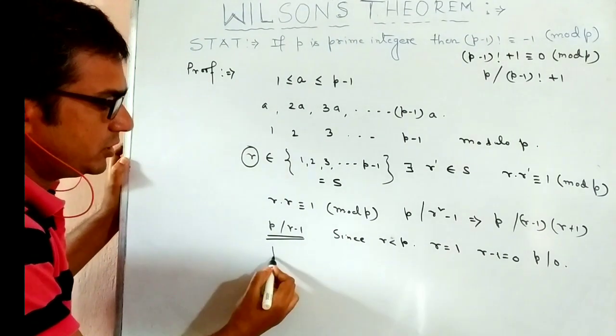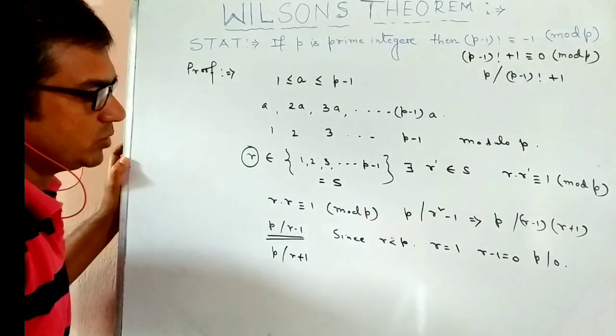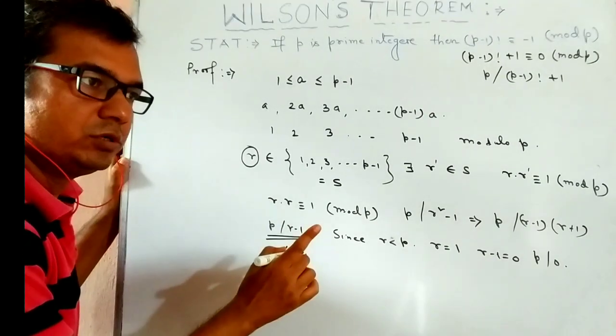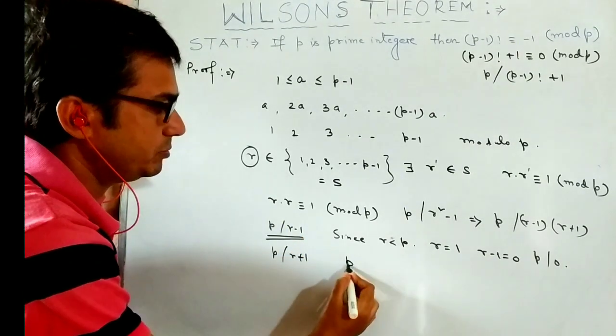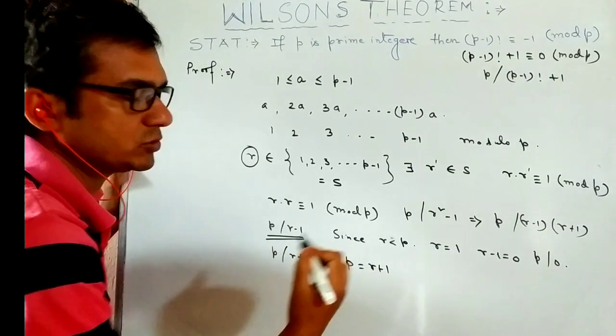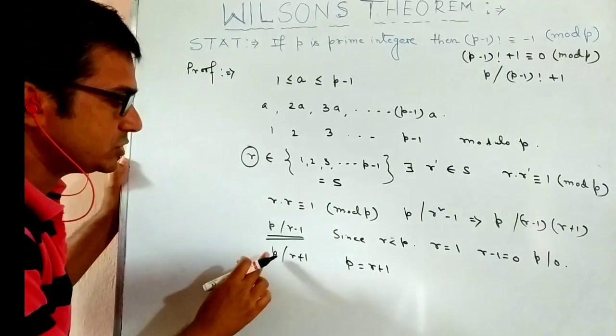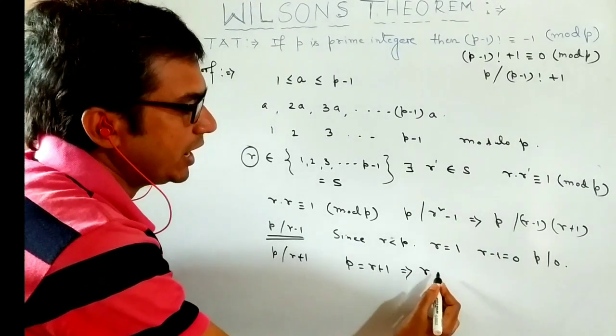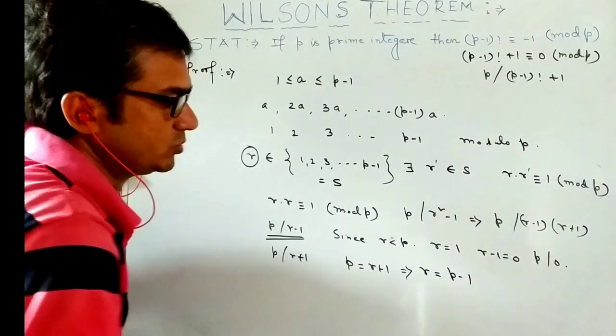Also, if p divides r plus 1, this holds only if p equals r plus 1, because p is prime, and this implies r equals p minus 1.